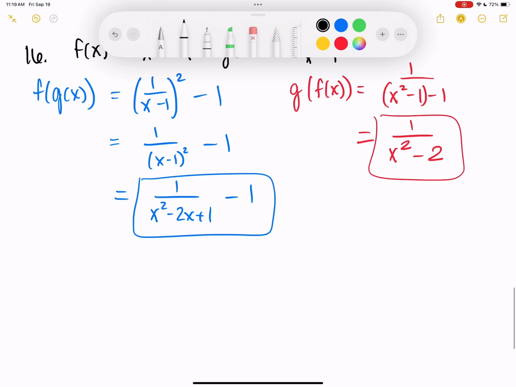Okay, next problem. Number 20. F of x is equal to x cubed. G of x is equal to the cube root of 1 minus x cubed.